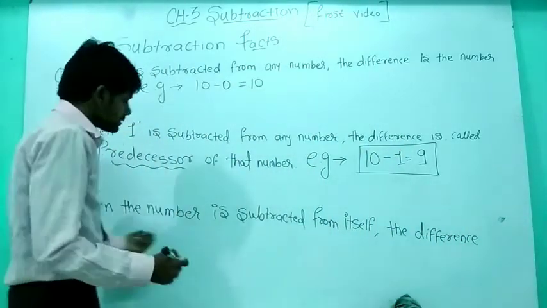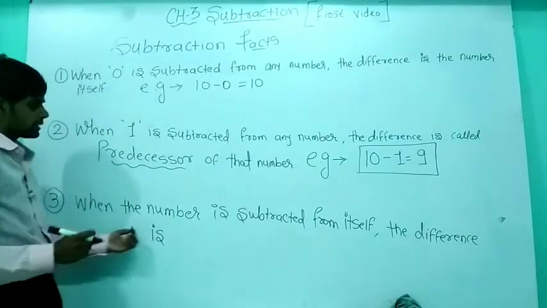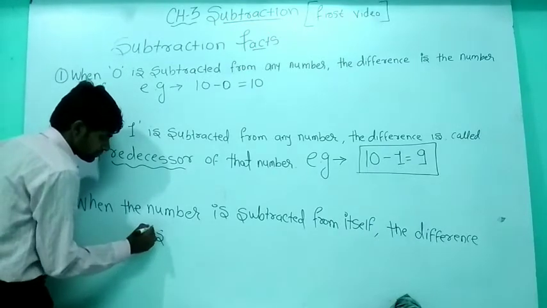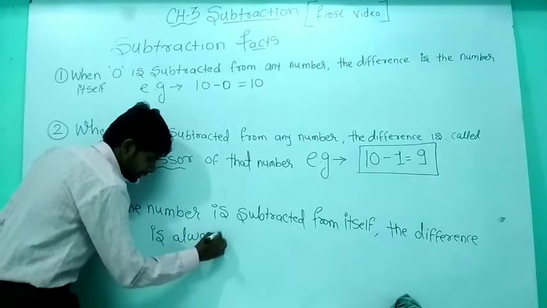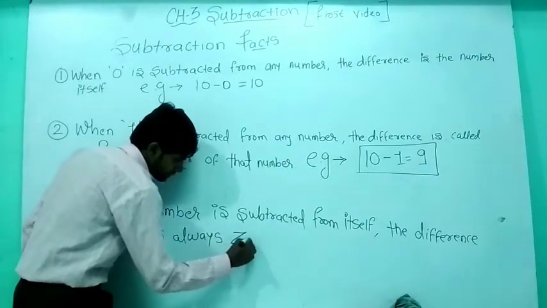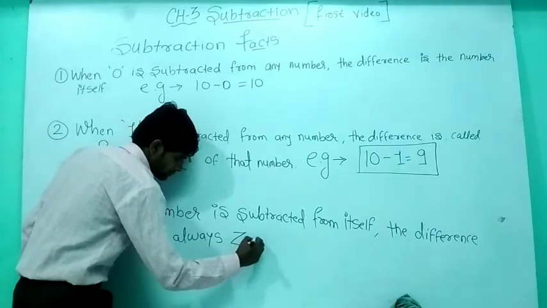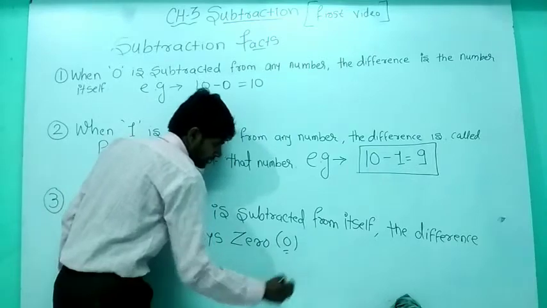When the number is subtracted from itself, the difference is always 0.